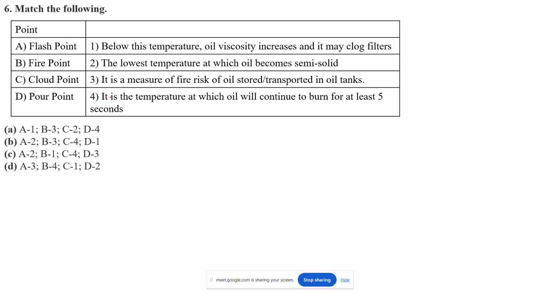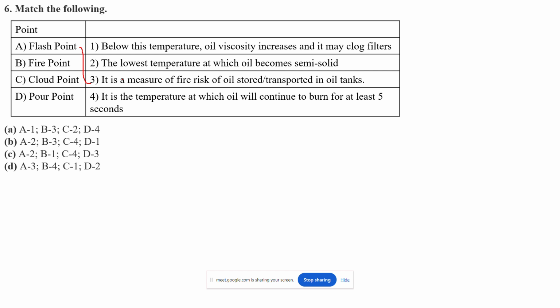So flash point is generally used for avoiding fire risk, or we can say it is a measure of fire risk of oil stored or transported in oil tanks.